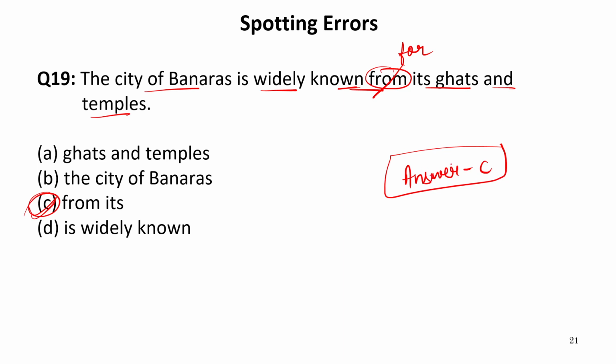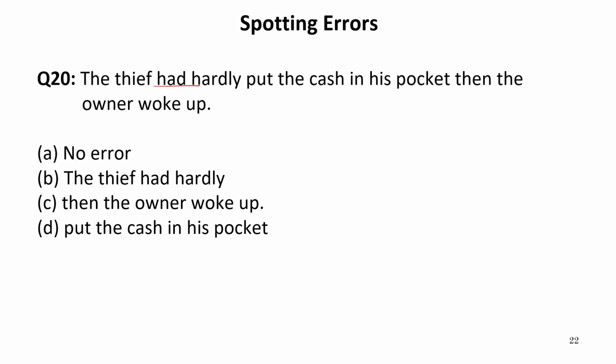Now, let us move to the next one. The thief had hardly put the cash in his pocket. Then the owner woke up. Now, whenever we have hardly in a sentence, it's a pair conjunction which is always used with when. It means there are some correlative conjunctions or pair conjunctions. Whenever we have a word hardly, scarcely, and barely, they are followed by when.